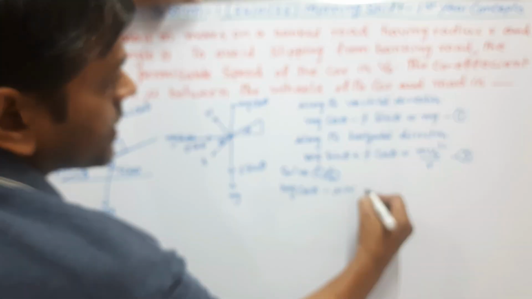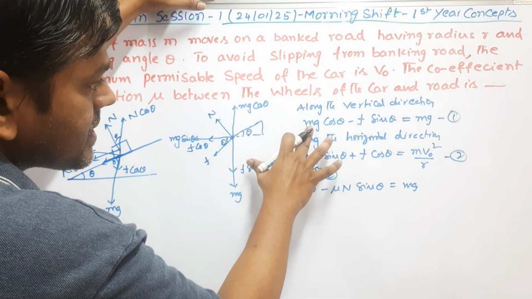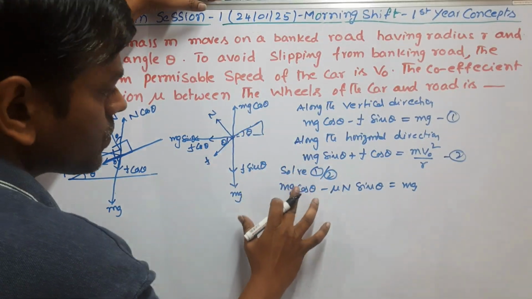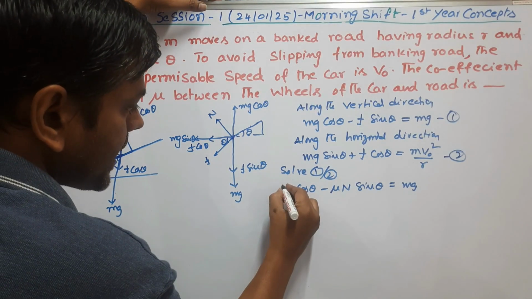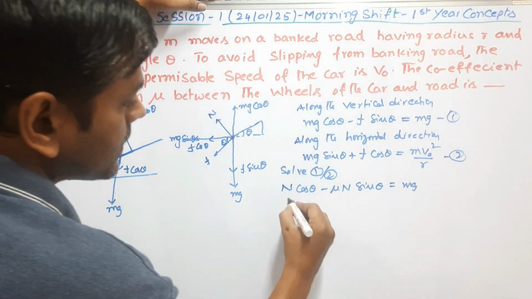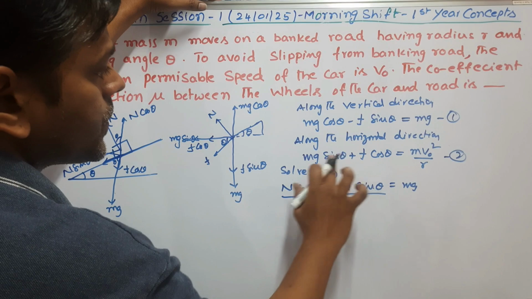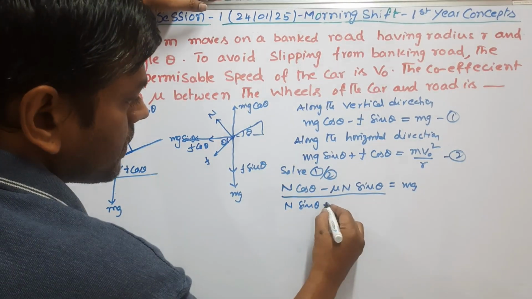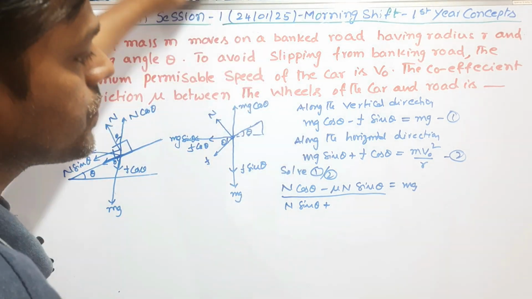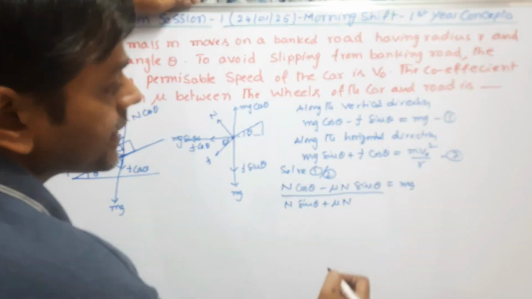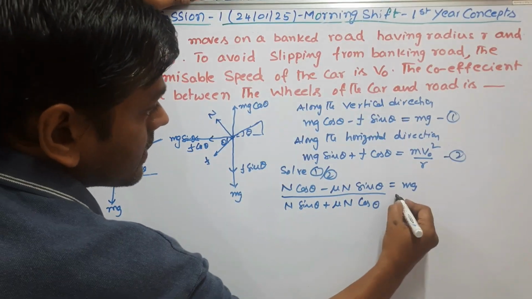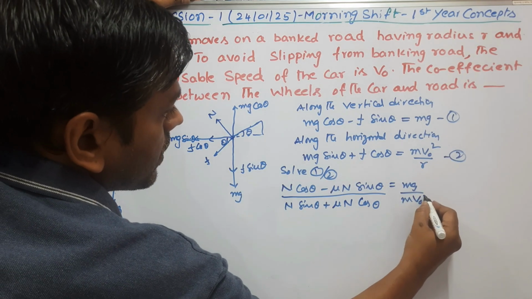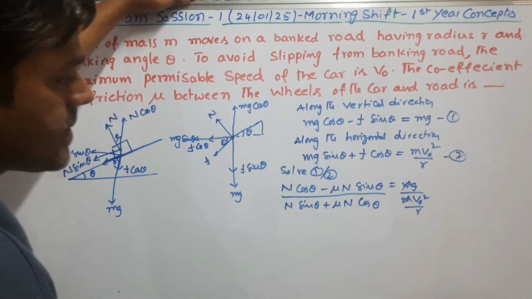Here I would like to mention that mg balances the normal reaction, so mg is also written as N. So N cos theta minus mu N sin theta over N sin theta plus mu N cos theta equals g r over v0 squared, and the mass is cancelled.